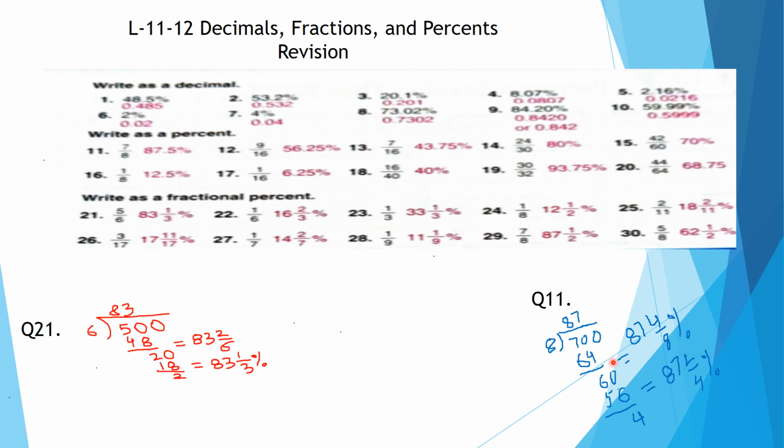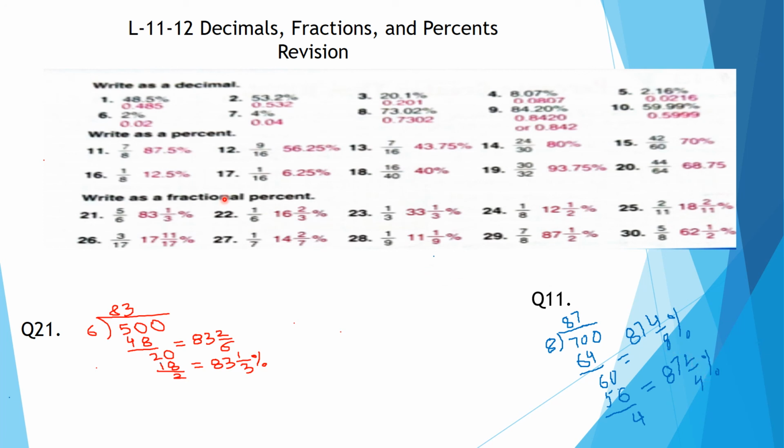Then copy 0. Then 8 times 7 is 56. What is the remainder? 4. Then 87 4 by 8, and 4 by 8 you convert into the simplest form, 1 by 2. Just check it.